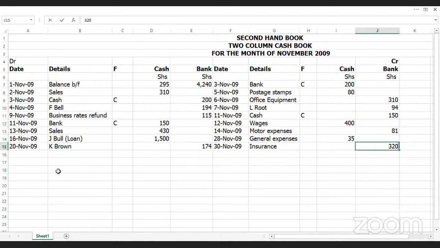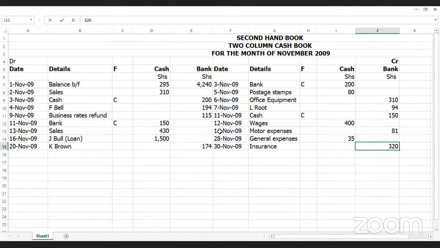How do we do that? Add the amounts in the cash and bank columns on the debit, then also add the amounts in the cash and bank columns on the credit. But you don't put the totals in the cash book. Note them somewhere else. Then we see what to do after getting those totals.